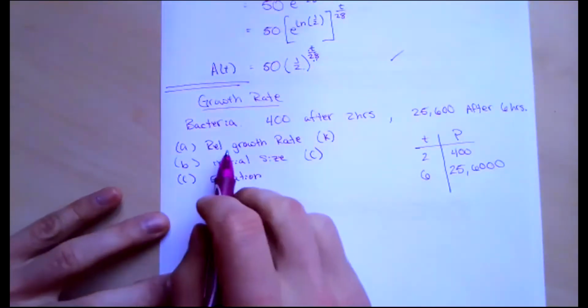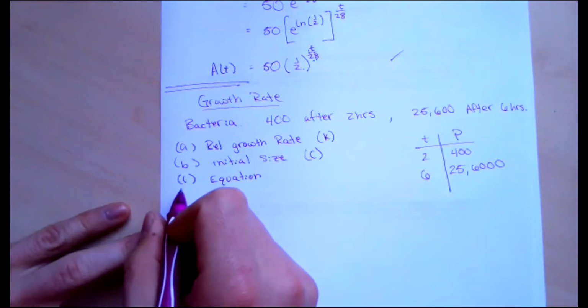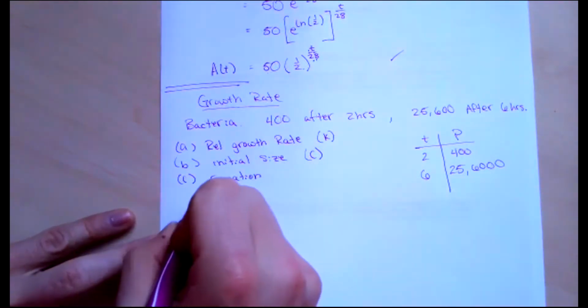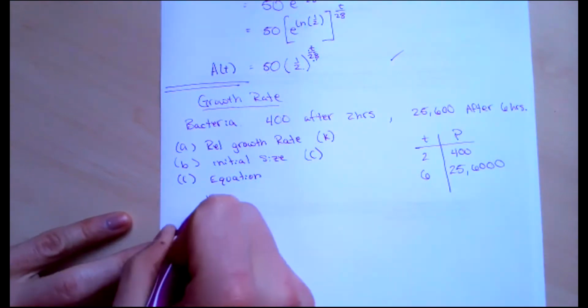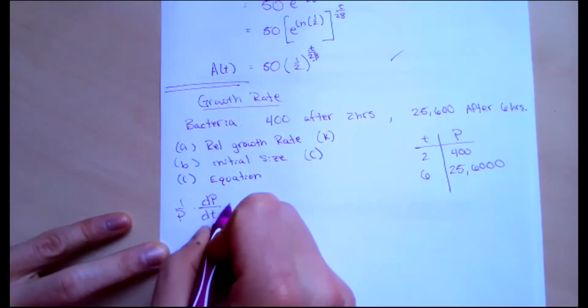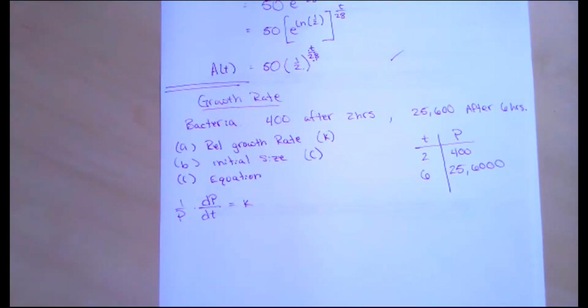Again, our differential equation to model this is that since we have a constant relative growth rate, we are assuming that the relative rate of growth, the rate of growth relative to the population, is constant, is this K.